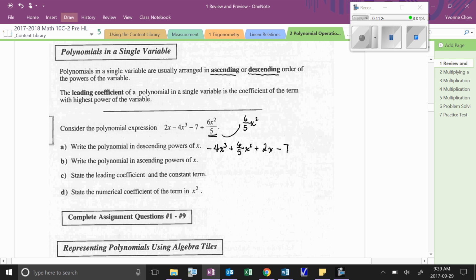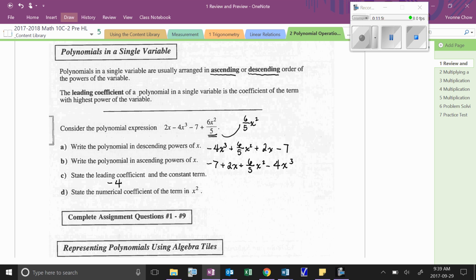If we're writing it in ascending powers of x, we'll rearrange it. The sign has to stay with the number. So now we're looking at negative 7 plus 2x plus 6/5 x squared minus 4x cubed. The leading coefficient is negative 4, because that is the coefficient, the number being multiplied by the variable, based on the highest degree.